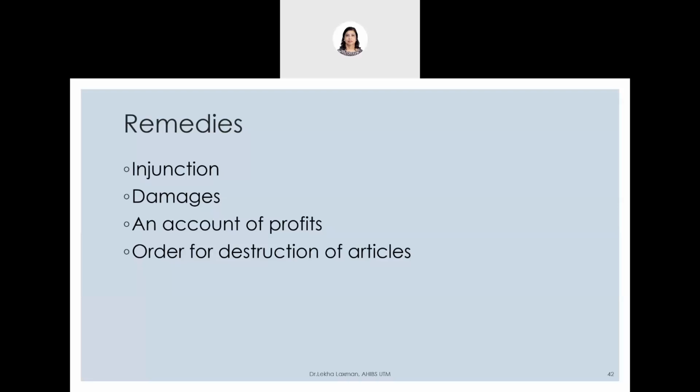So you can order for the destruction of articles. So these are the remedies available for breach of your rights as either an intellectual property owner or as the owner of the confidential information or trade secrets.